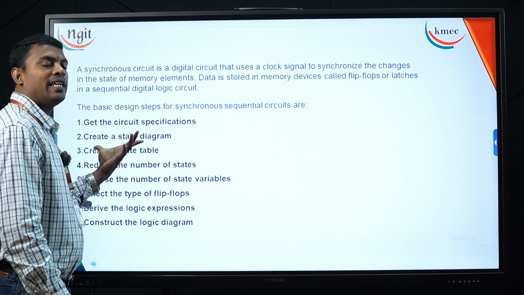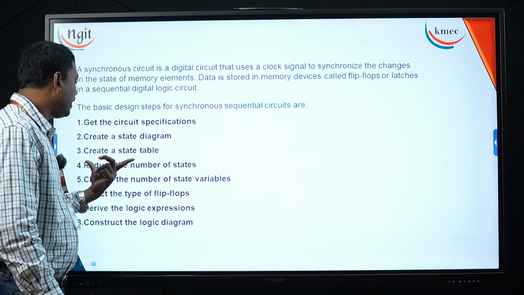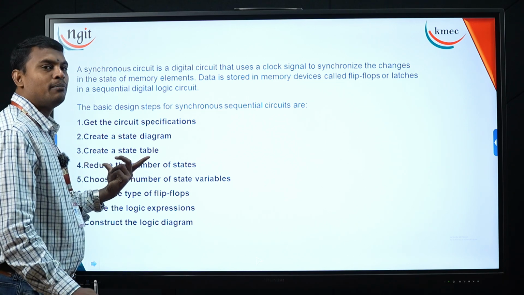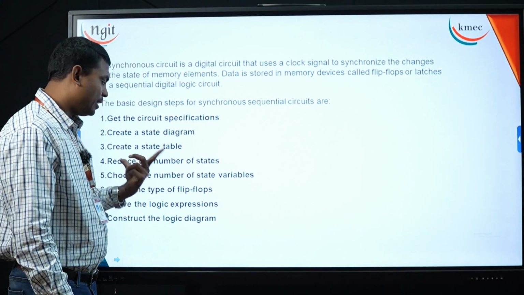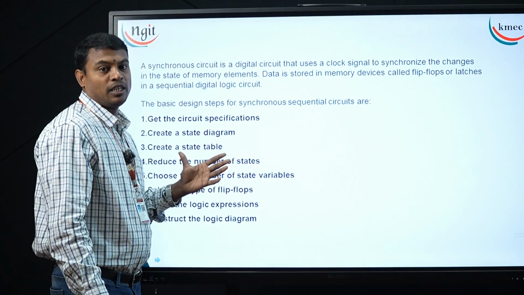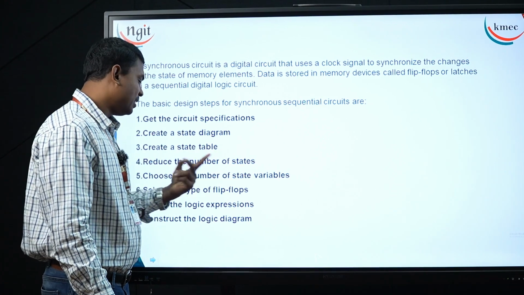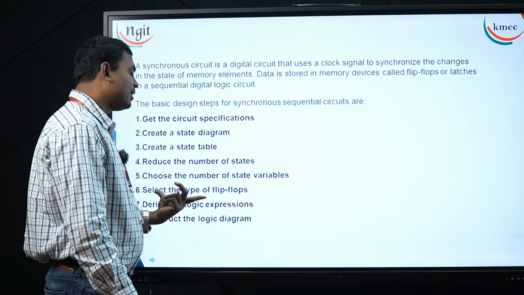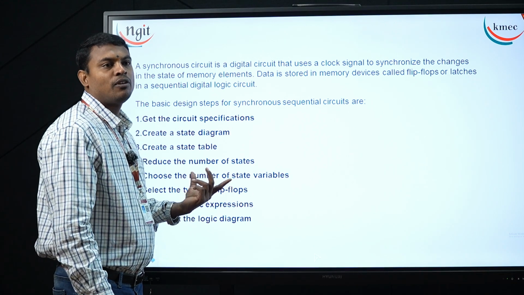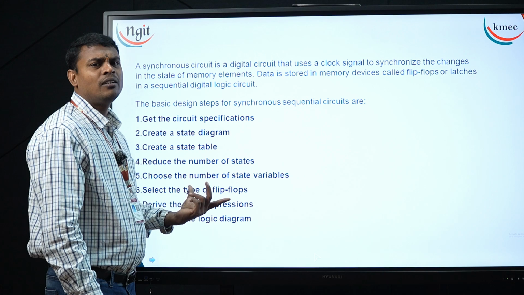Next, with the help of the state diagram, we are going to create a state table. After that, we are going to reduce the number of states in our design. After that, we choose the number of state variables, meaning the number of variables required to represent those states, and select the type of flip-flop, whether I am going to use an SR flip-flop, D flip-flop, JK flip-flop, or T flip-flop.